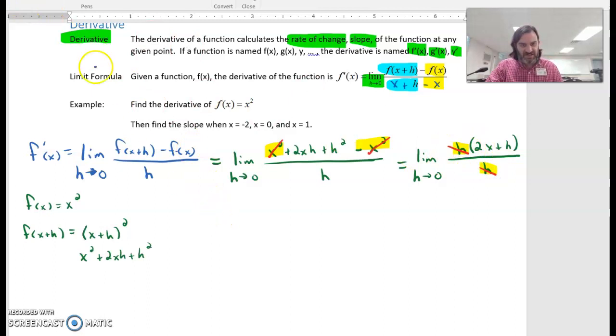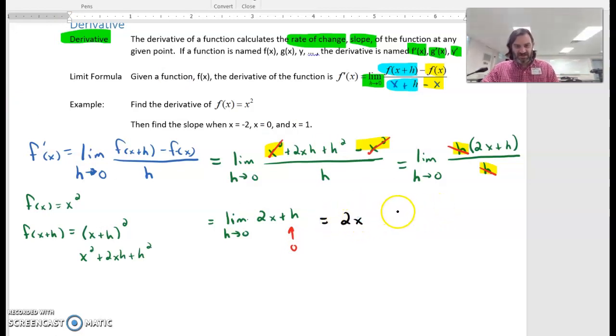Then this comes down to the limit as h approaches 0 of just 2x plus h. If we let h be 0, then what we have is just 2x. That's our derivative: f prime of x equals 2x. That will calculate slope.